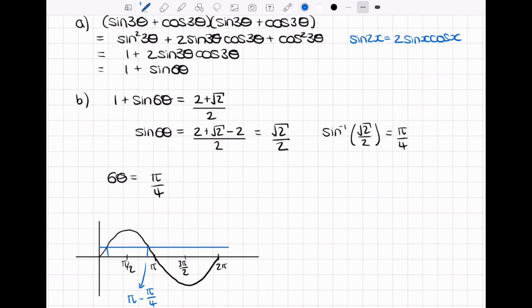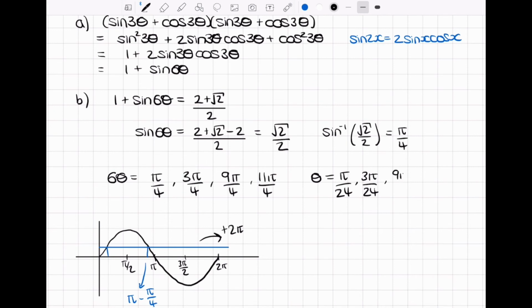Our next solution will be at pi minus pi over 4, which is 3 pi over 4. We need to do a few more solutions here, so everything else will be plus 2 pi from the solutions that I've already got. So pi over 4 plus 2 pi is 9 pi over 4, and 3 pi over 4 plus 2 pi is 11 pi over 4.